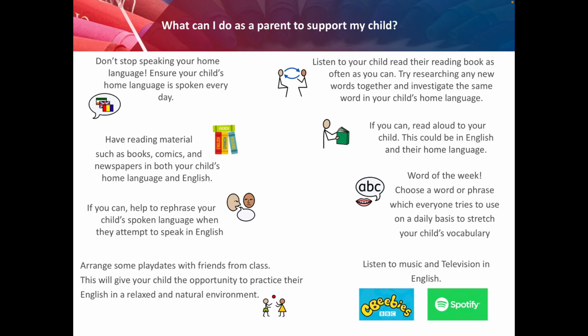If you hear your child attempt to say something in English and you know that's not correct, you could rephrase that for them, just like you would if they were speaking in their home language. If they are attempting to speak English, you can step in, rephrase it for them, and readdress any kind of misconceptions there.